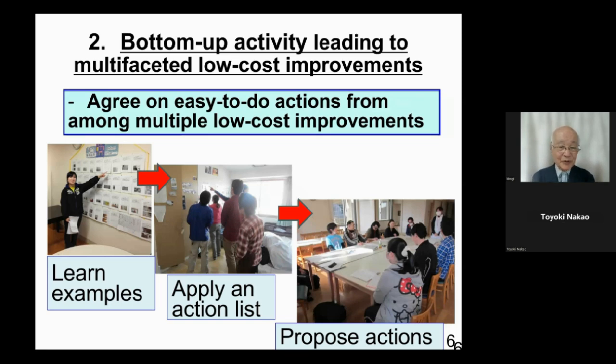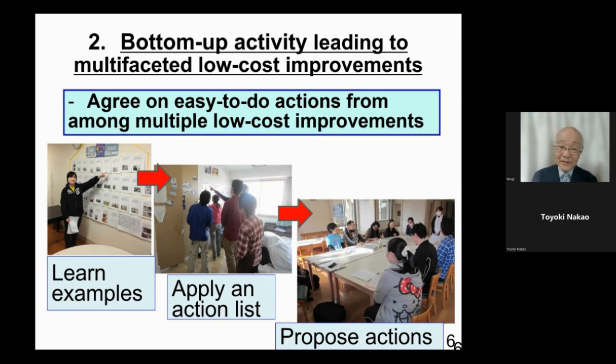As the photos show, we can first learn good examples, looking at good practice photos. Then participants can apply an action checklist listing the proposals for making low-cost improvements in various aspects of the working conditions.